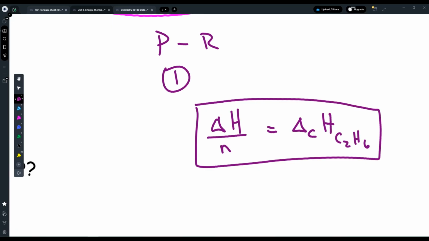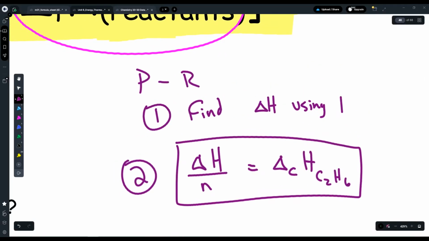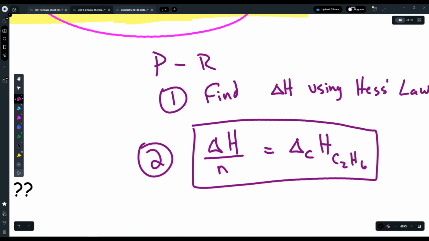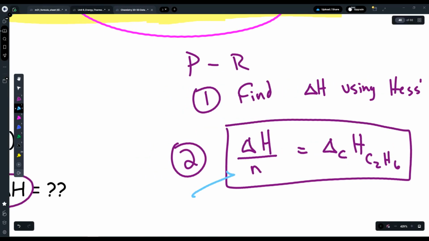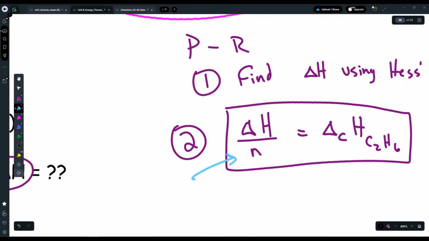So step 1, find the change in enthalpy using Hess's law. Step 2, use this formula, and this moles is going to come from the coefficient in the balanced chemical equation.